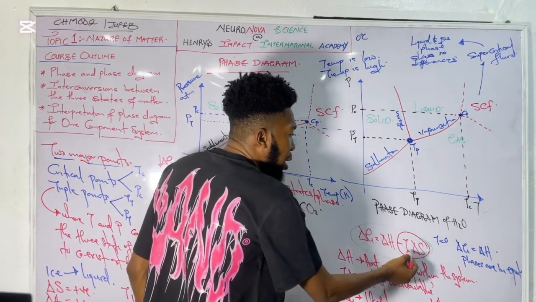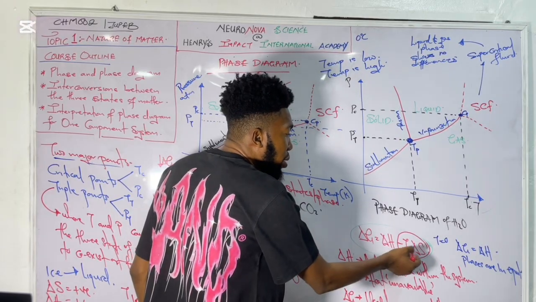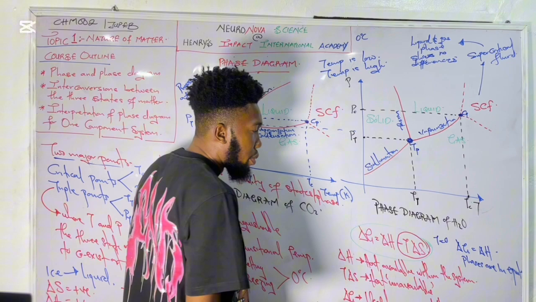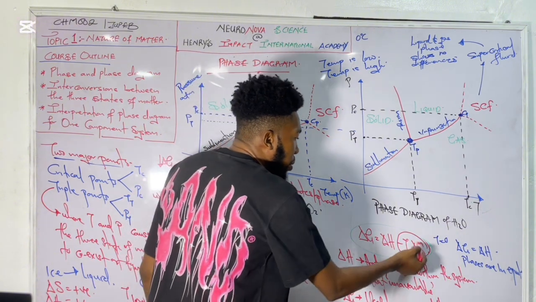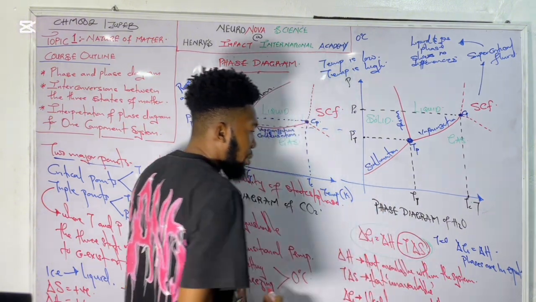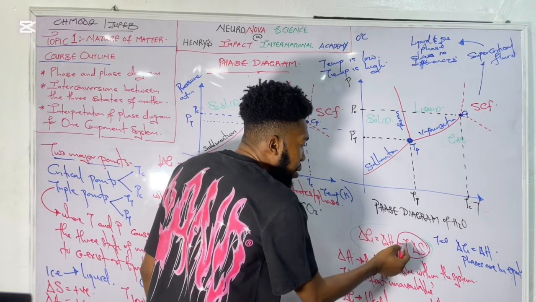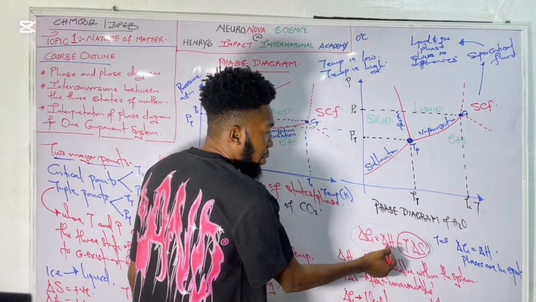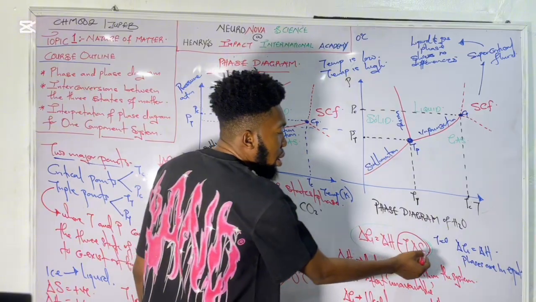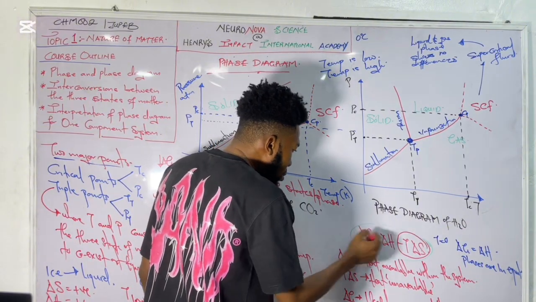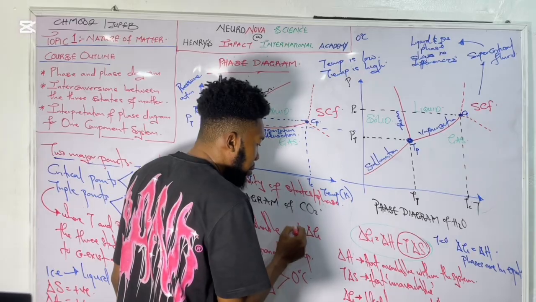It makes this parameter low because if you are multiplying a low number with something, it results in a low product, right? So automatically this is the low parameter here. And if you minus this low parameter from this large parameter that is here, that is positive enthalpy, it gives you a much higher Gibbs free energy.